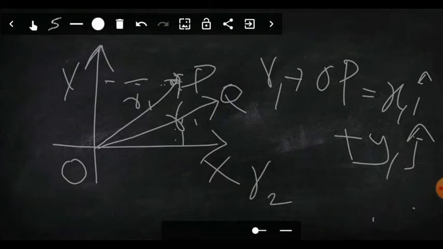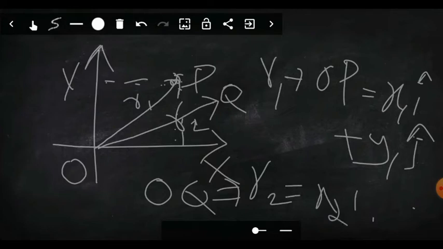Similarly, if you represent OQ as vector r2, it can be expressed as x2 i plus y2 j. The direction is represented using j cap, and y2 j is the notation.